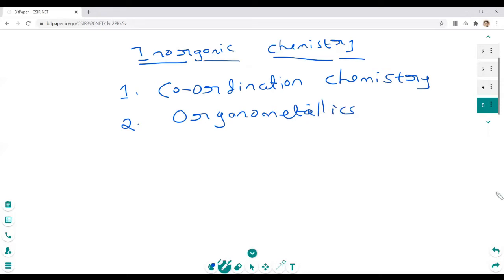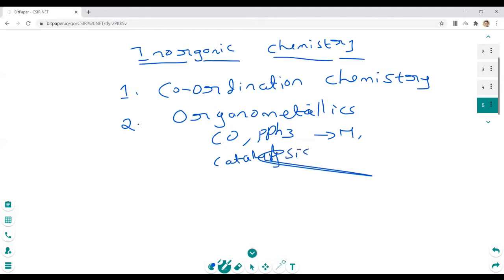What is organometallics? You will study ligands like carbonyl, PPh3, how they react with metal, and you see some catalysis reactions using these and a lot of other things. It's nothing but an extension of coordination chemistry. And one more is bioinorganics. These are the crux of inorganic chemistry.